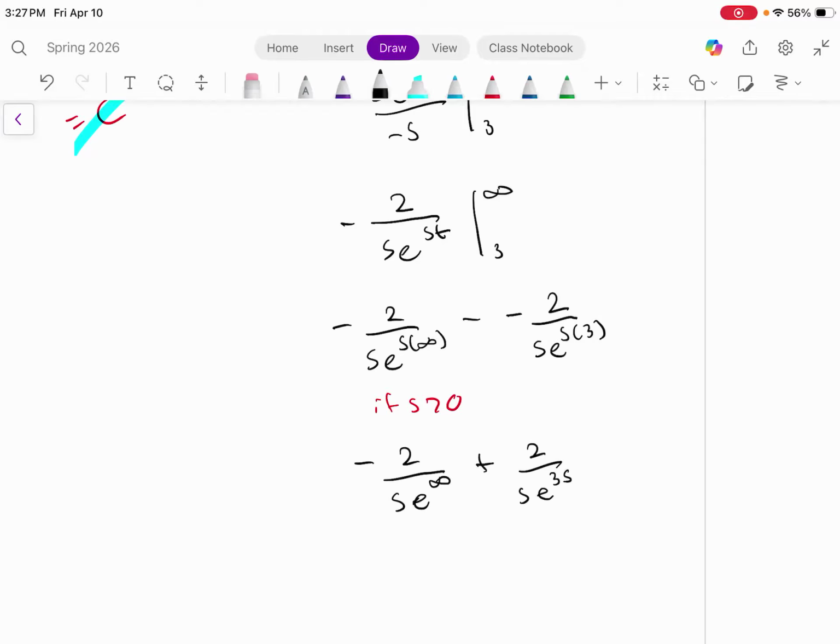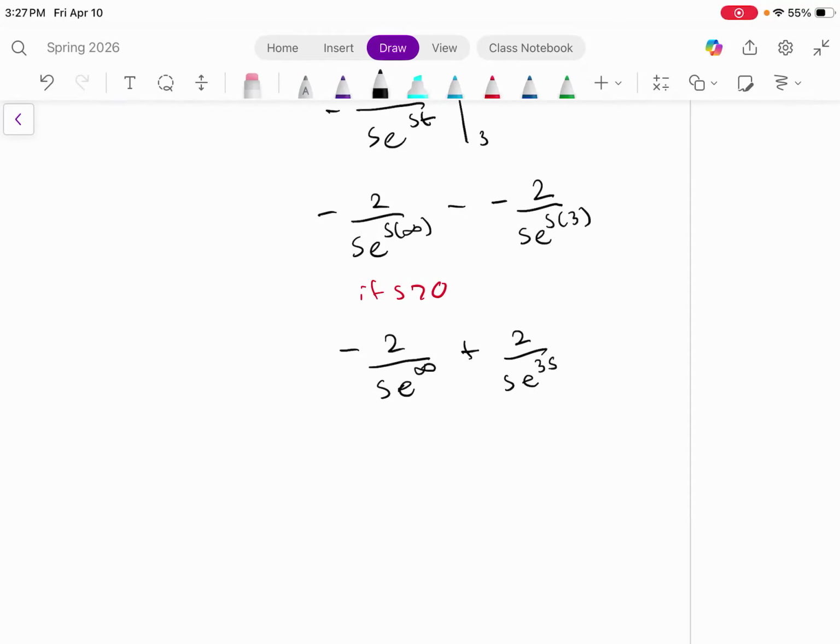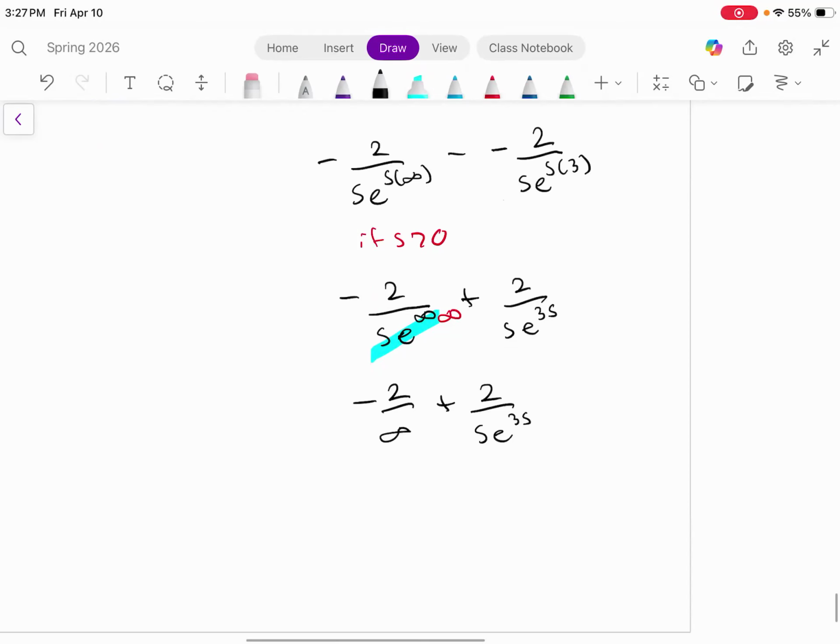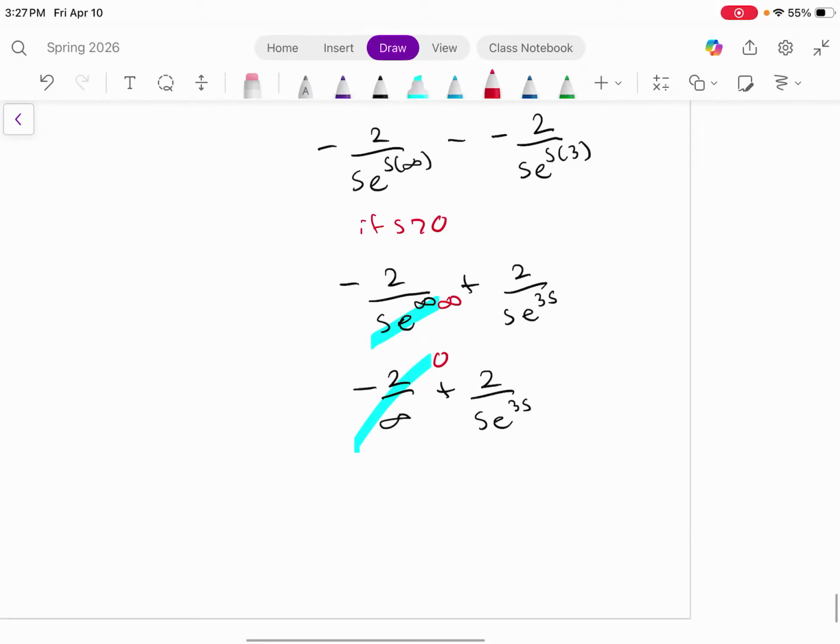So if s stays positive, that would just be e to the infinity, which means this goes to infinity. So I'll have negative 2 over infinity plus 2 over s e to the 3s. And 2 over infinity just goes to 0.